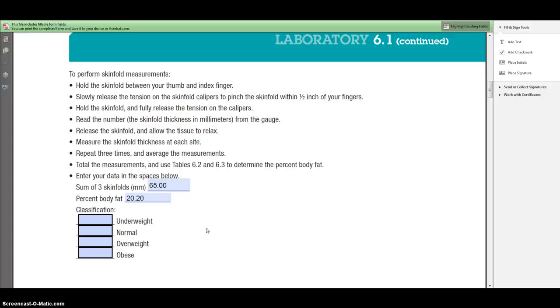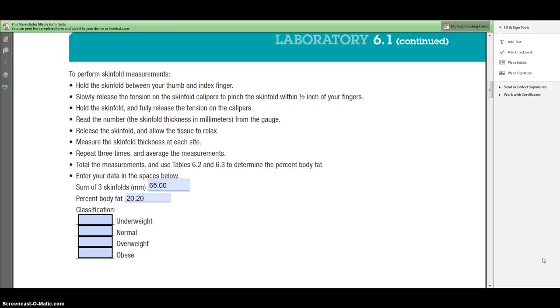And in that figure, it provides you with a table that will give you your status of overweight, underweight, average weight or normal weight, and obese. So go ahead and utilize that table. Again, it's categorized by age and body fat, and you can determine what your classification is.